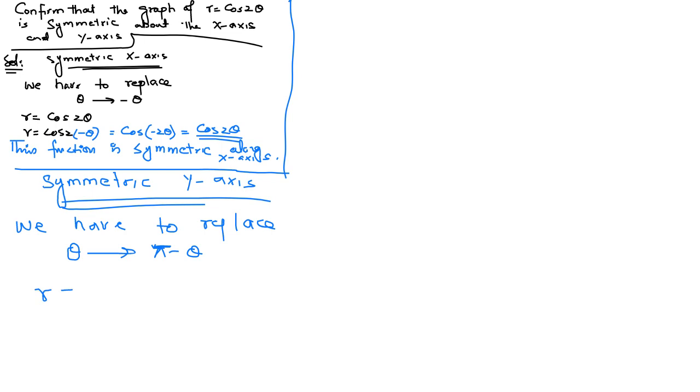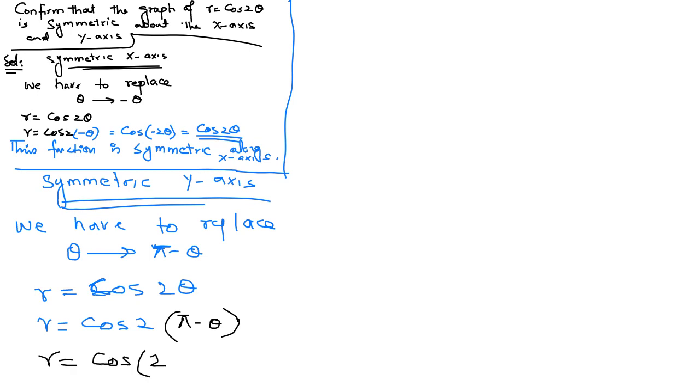So R is equal to, before we have cosine of 2 theta. So we have to replace theta with pi minus theta. So pi minus theta, what will become? Cosine of 2 pi minus 2 theta.